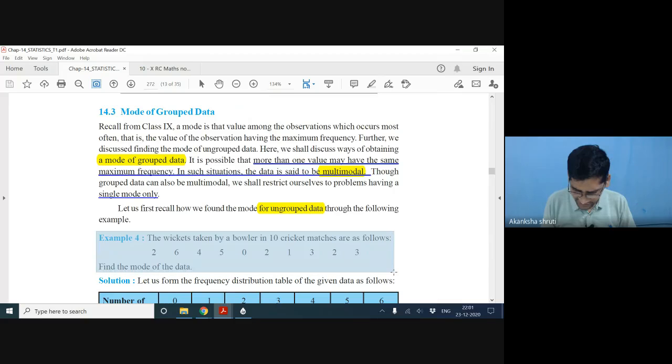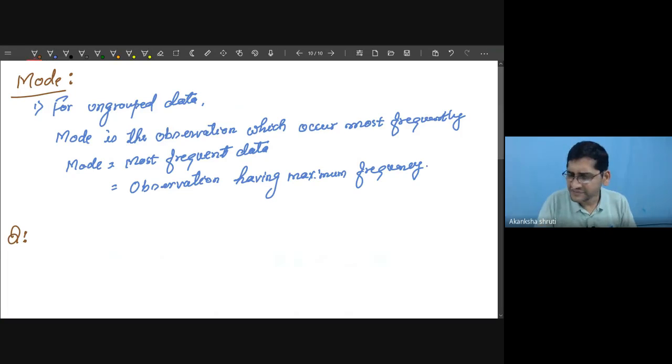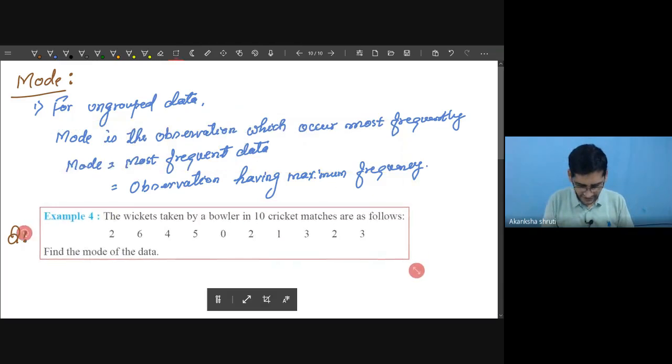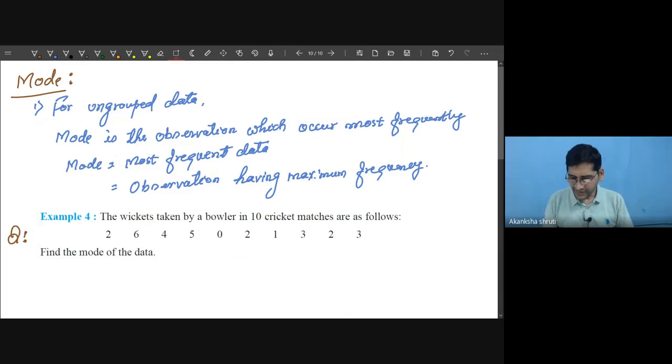This is the question. Which kind of data is this? Yes, students. Here direct observation is given, so it is ungrouped data.